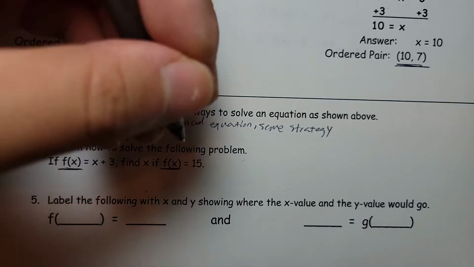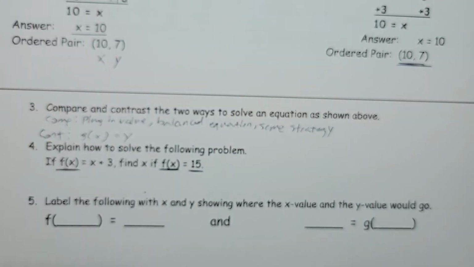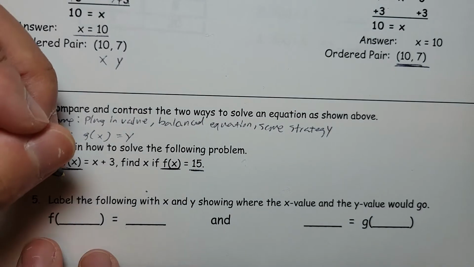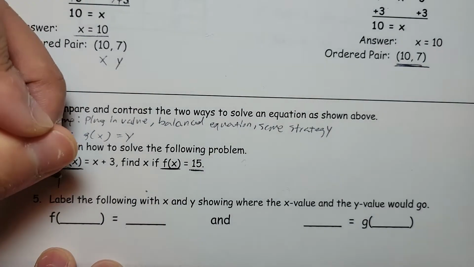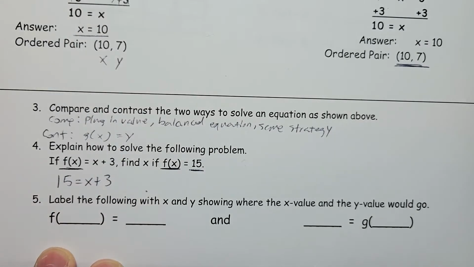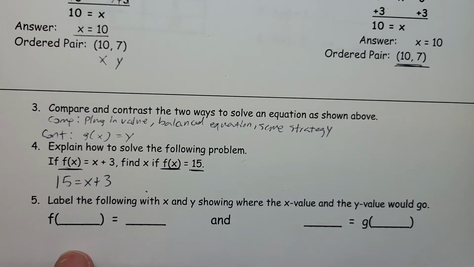So we could plug in 15 as our f of x value. So we could rewrite the equation, 15 equals x plus 3. And if we want to solve it out, we balance it out by subtracting 3 on both sides.